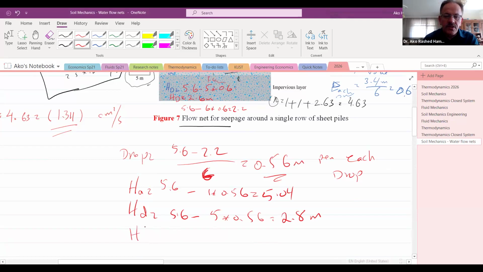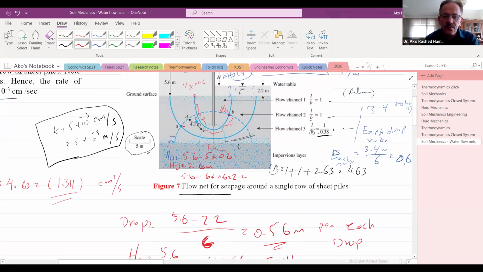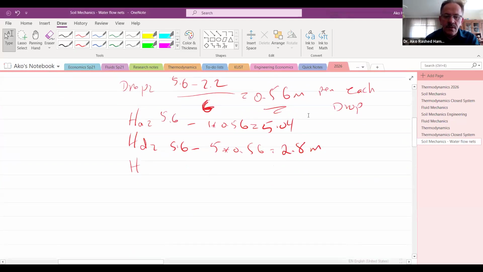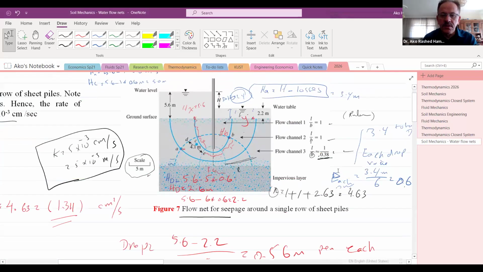Now, if I want to check the pressure at this point, let's call this Y. What will be the pressure at Y? It's equal to 5.6 minus 6 times 0.56, and it's 2.24, which should be the same.